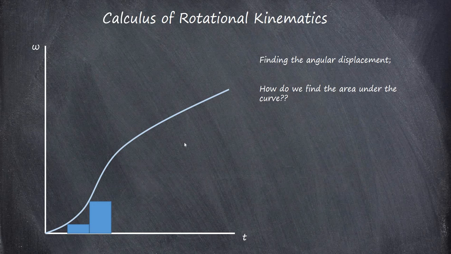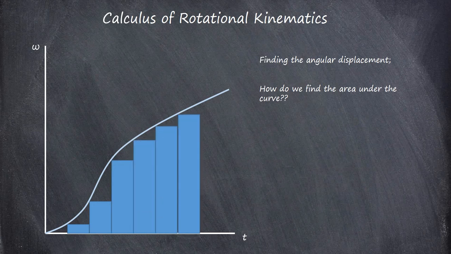In calculus, what we do is we create rectangles, and we know the area of a rectangle is just the length times width. And in this case, the length is the time interval, and the width is the change in angular velocity. And we add up all of the areas of these rectangles. So you can see it's not that accurate because there are spaces here. How do we account for the spaces here?